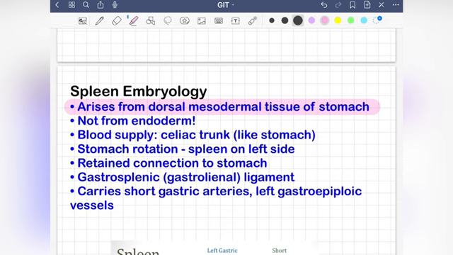Its blood supply is the celiac trunk, just like the stomach. So it gets the blood supply of a structure from the endoderm in the foregut. But in fact, it comes from the mesoderm.